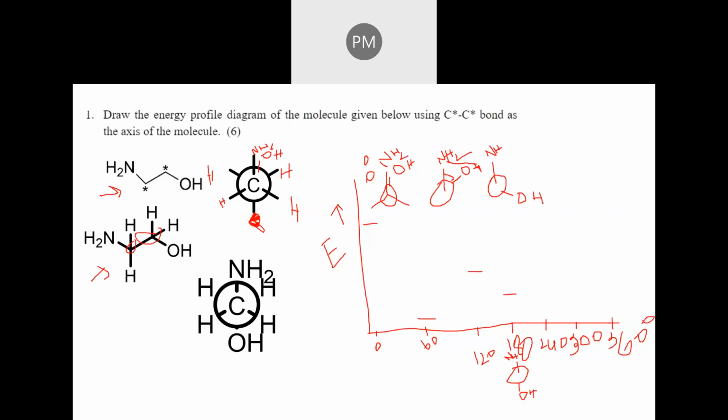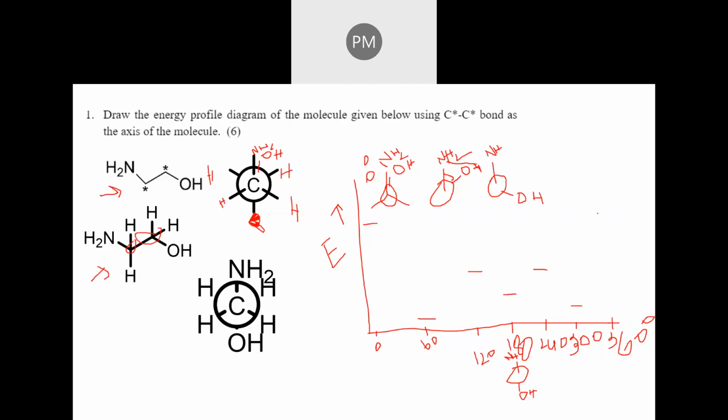Similarly, if we rotate this OH like this, a similar thing happens at 120 degrees, and the energy is like that. If we rotate this carbon to 300 degrees, 300 degrees means this will again be a gauche conformation. So the gauche conformation will be more stable.